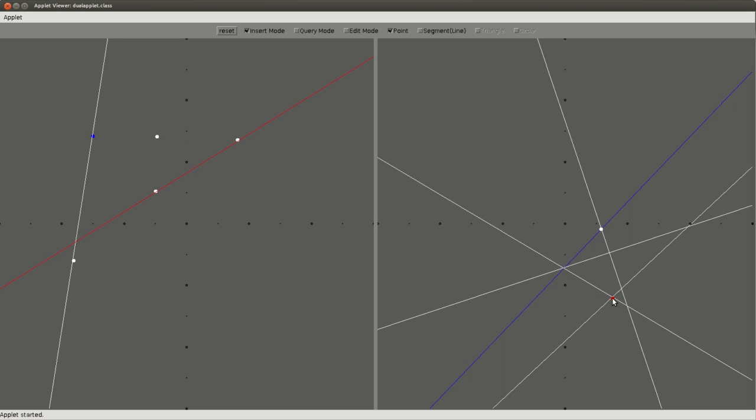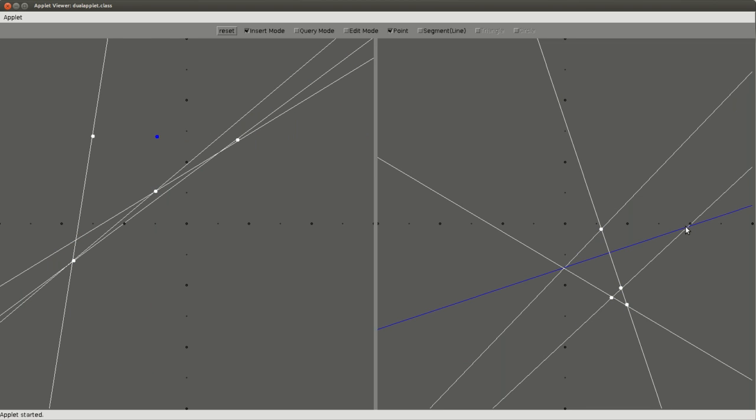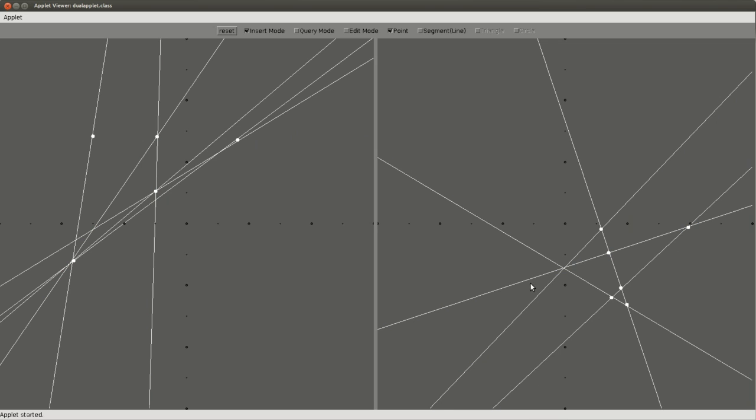However, these intersection points, they are all ordinary points. And also this one. As you can see, with duality, you can have a very nice representation of Sylvester's problem. It corresponds to finding vertices of degree 4 in an arrangement of lines where not all of them pass through a common point.